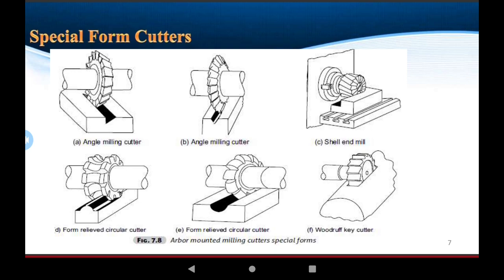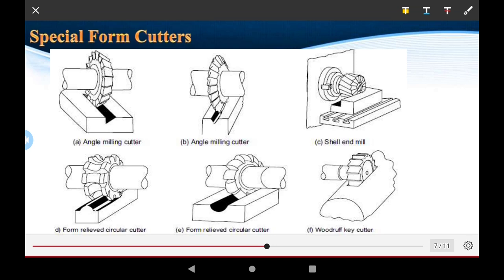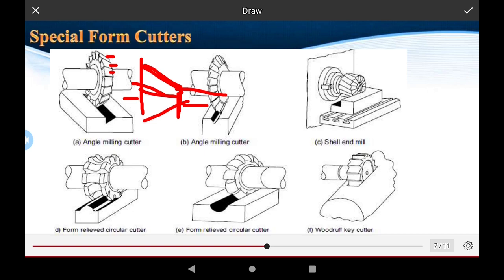Okay, this tool consists of some helix angles. Okay, there are many teeth used, and some teeth are also straight. Okay, and this is the shaft, and the shaft is bounded from the tooth, these are the teeth.